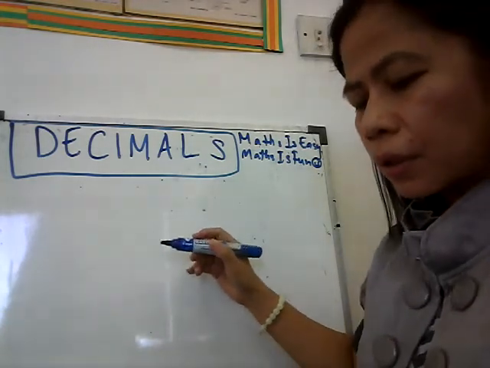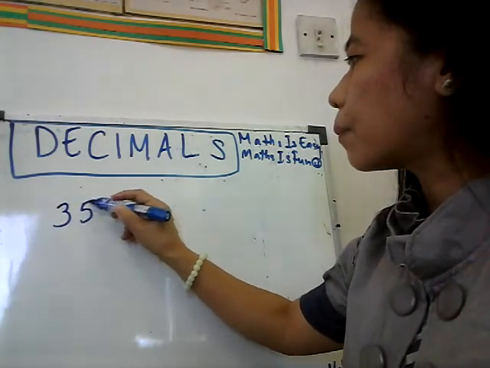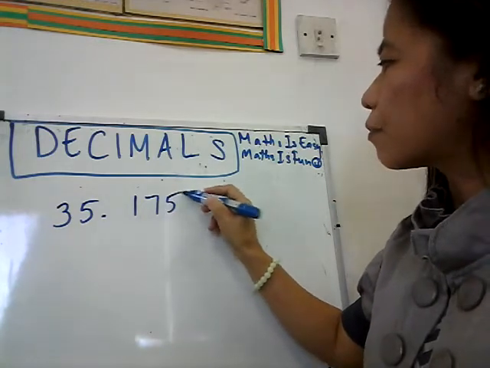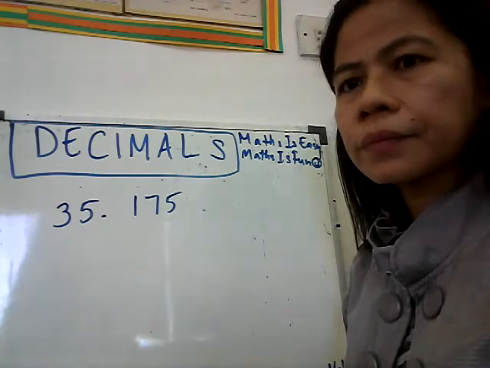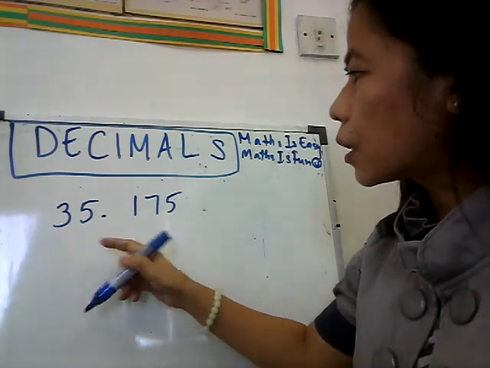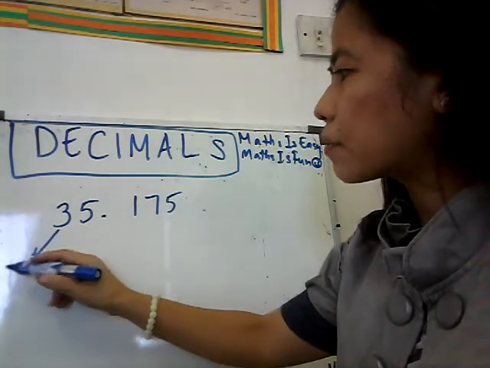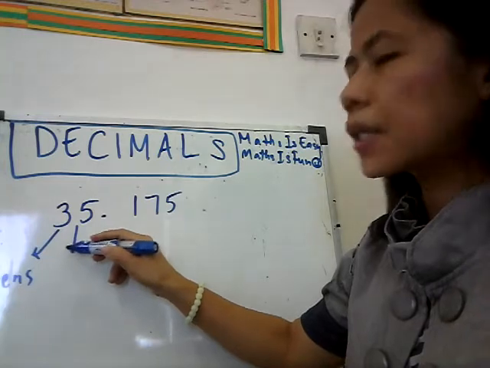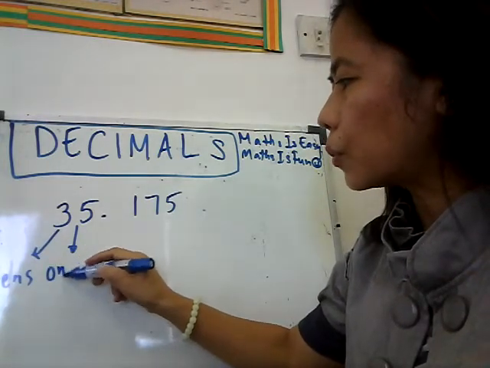So for example, if we have the number 35.175. For the whole number 3, the place value is tens. And for the second number 5, the place value is ones or units.